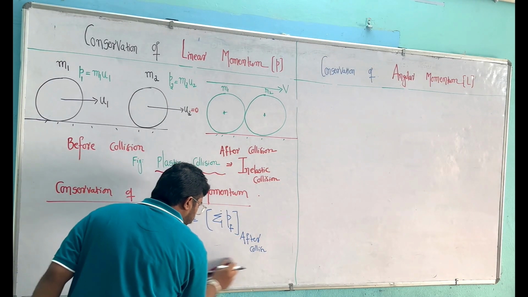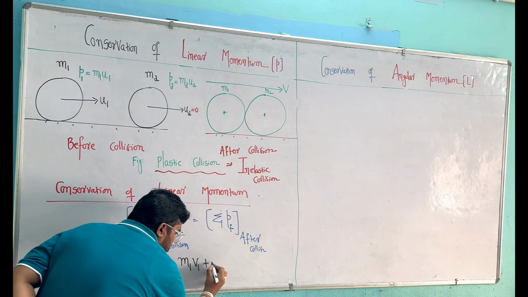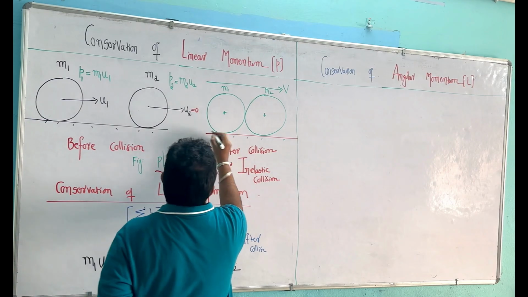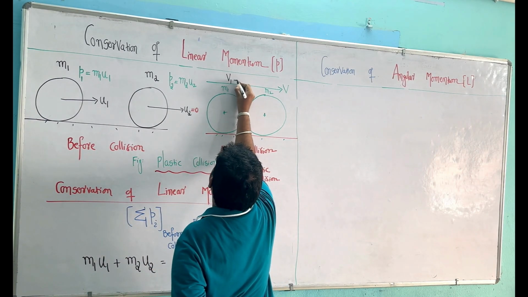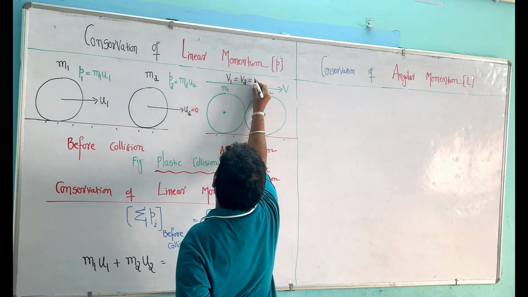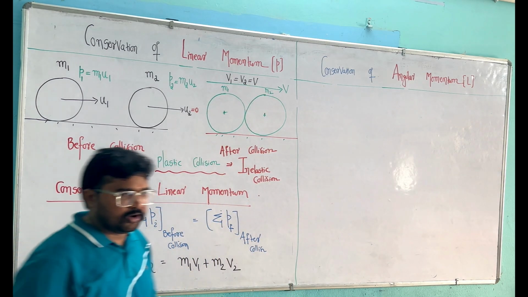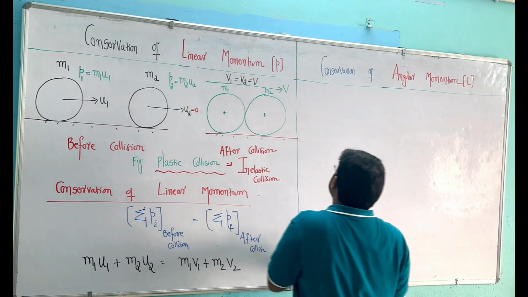So అలా అనుకోకుంటే ఇలా రాసుకుంటే ఏమొస్తుంది? M1 V1 plus M2 V2. Here V1 equal to V2 equal to V. U2 equal to 0.